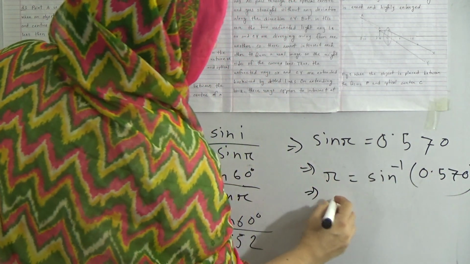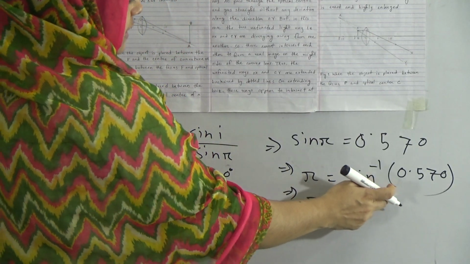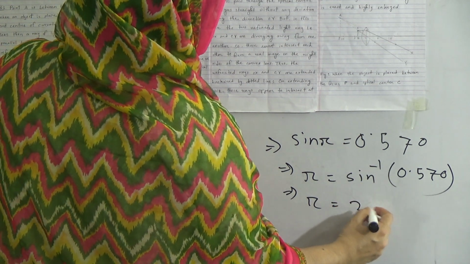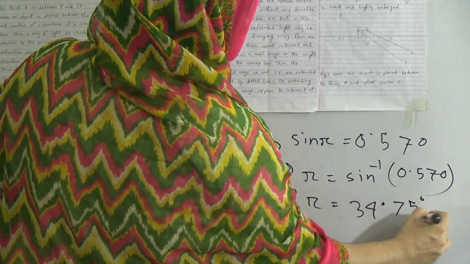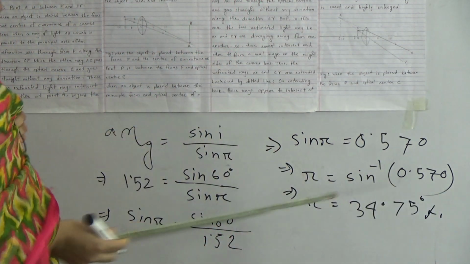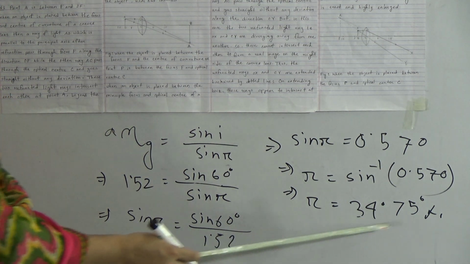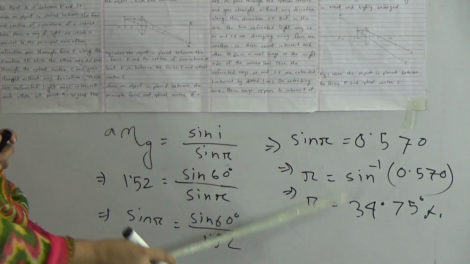So by doing this calculation with a scientific calculator, we can find that R is 34.75 degree. Okay my dear students, this is the refractive angle in glass. 34.75 degree. This is the required answer.